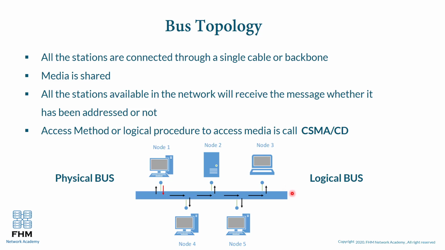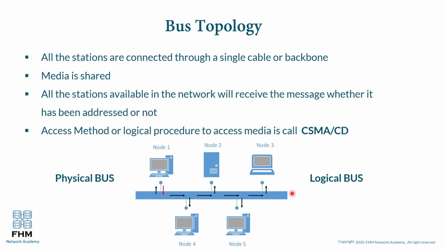The backbone cable is considered as a single lane through which the message is broadcast to all. The access method or logical procedure to access the media is called CSMA/CD, or carrier sense multiple access with collision detection. It is a media access control method used to control the data flow so that data integrity is maintained.